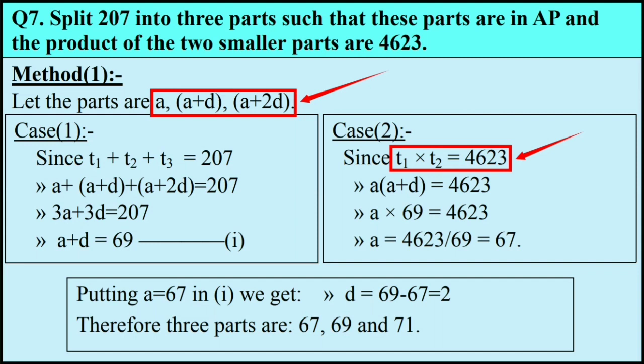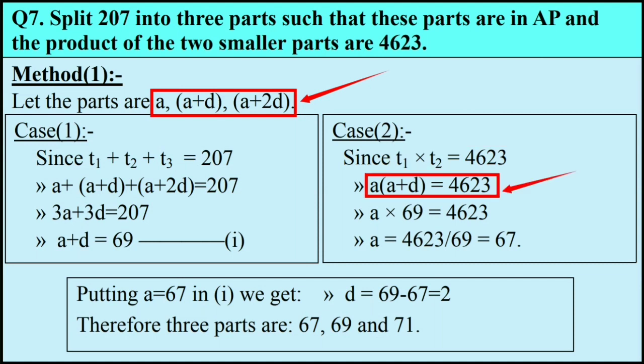Let's observe the second block. According to the next statement of the question, the product of the two smaller parts is 4623. Hence T1 multiplied by T2 equals 4623. Observe the next line.